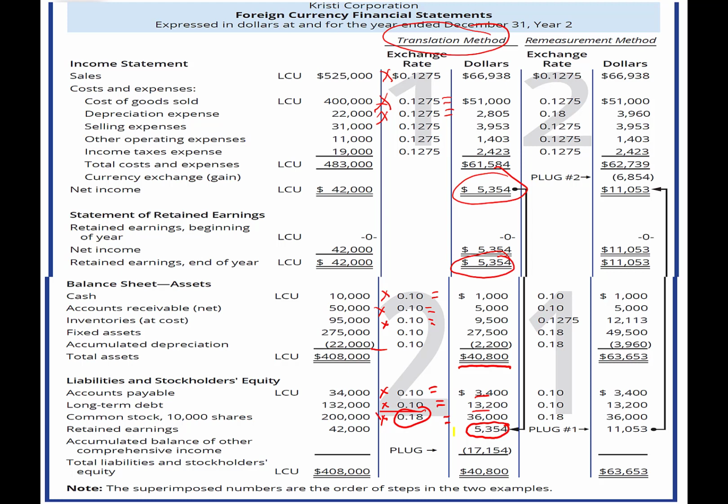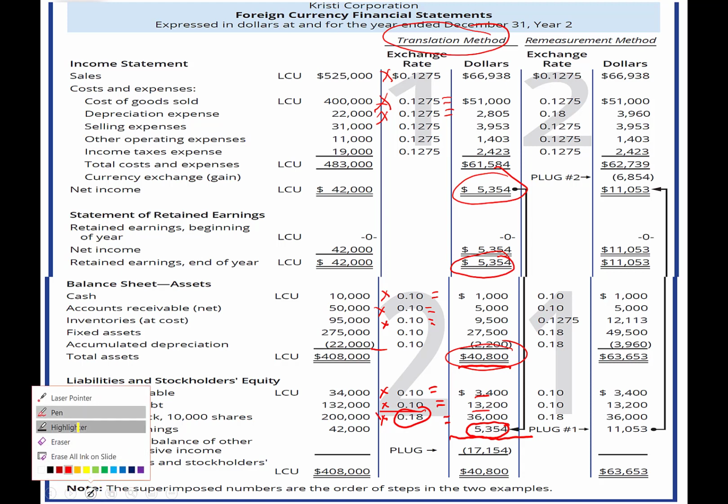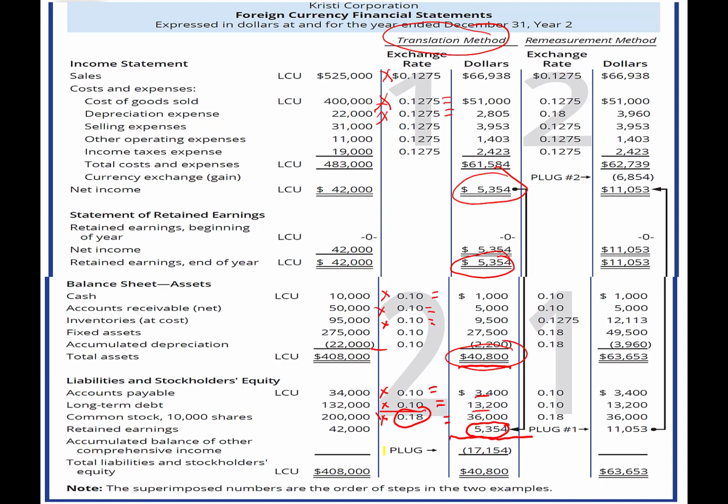And when I do, if I sat here and I added all this up, as I was saying earlier when I was in the wrong column, the balance sheet wouldn't balance. Okay, so to make the balance sheet balance, I simply plug this number in. I plug a number into the accumulated other comprehensive income that makes the balance sheet balance.